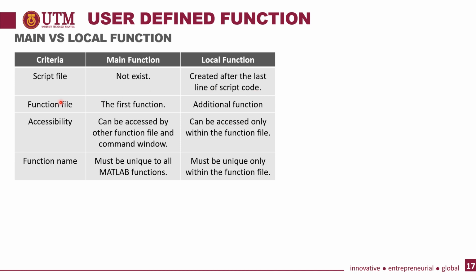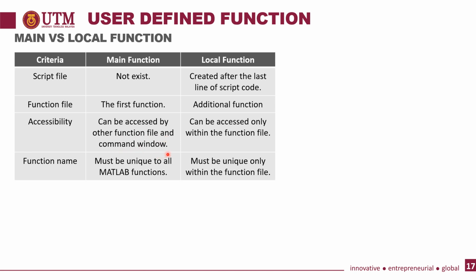Right, next is function file. The main function is actually the first function inside the function file. But the local function inside a function file is an additional function. And in terms of accessibility, the main function can be accessed by other function files and the command window.